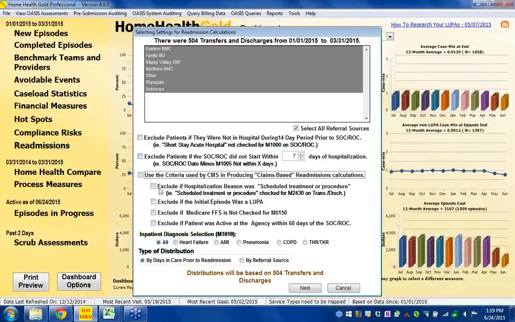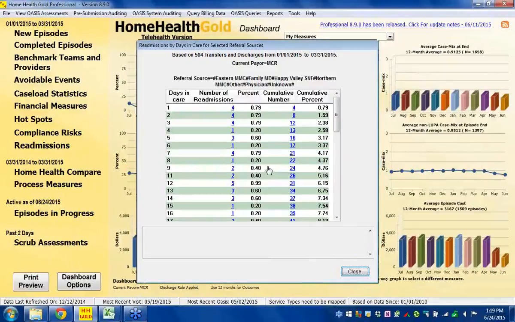Once we've made all those choices and decisions, our last decision is how we want to look at that distribution. Do we want to look at it by days in care or by referral source? So if we look at it by days in care, this will look familiar to you. So in day 1 of care, we had 4 readmissions. Again, we're using that whole batch of 504 transfers or discharges.